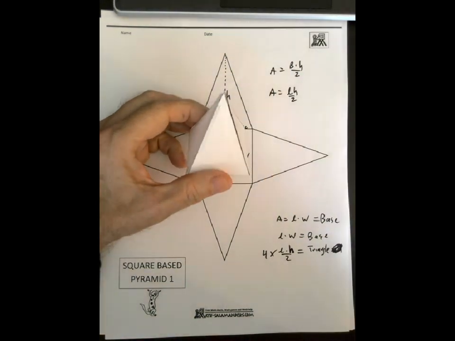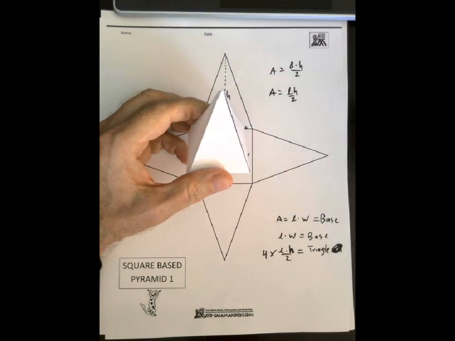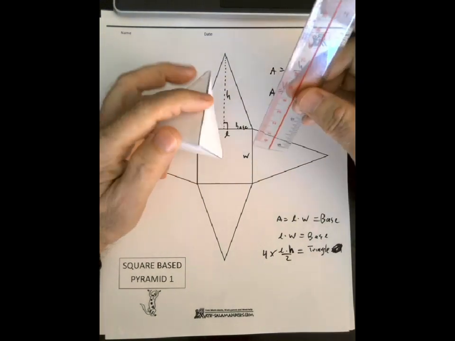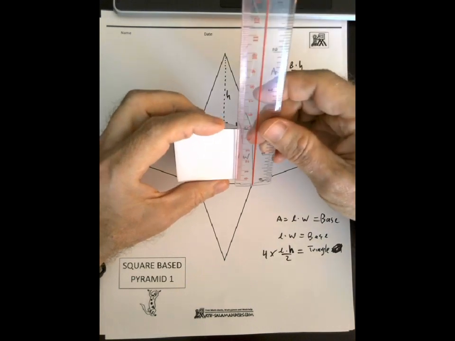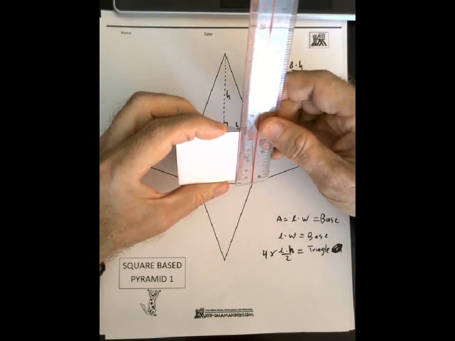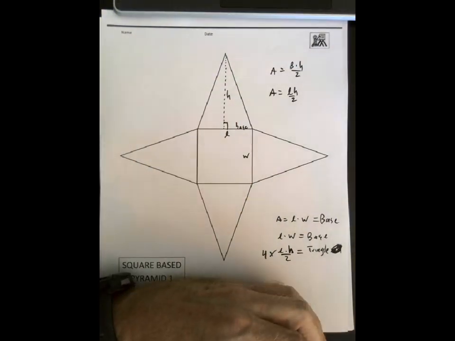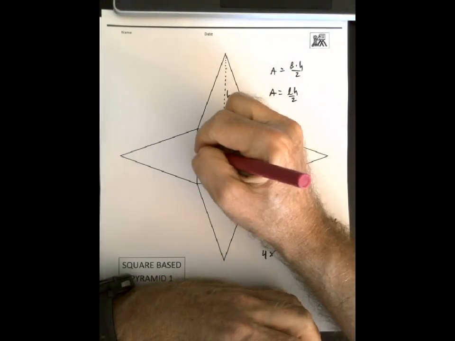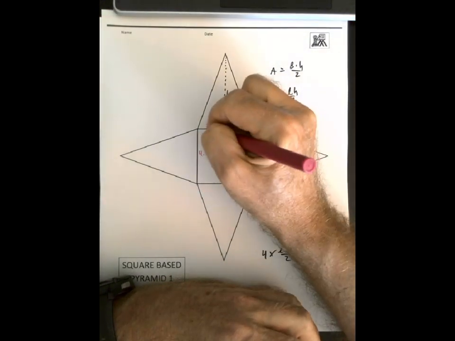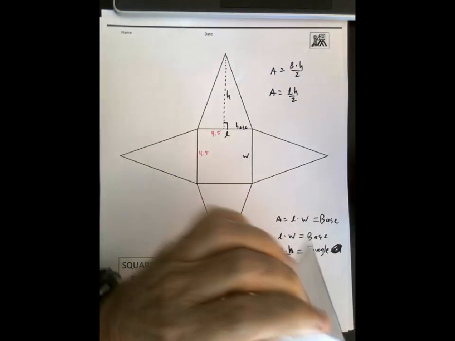I take up my ruler again, and I measure this, and that looks like 4.5 centimeters. So on here, this is 4.5 centimeters all the way around because it's a square. And I'm going to measure the height.